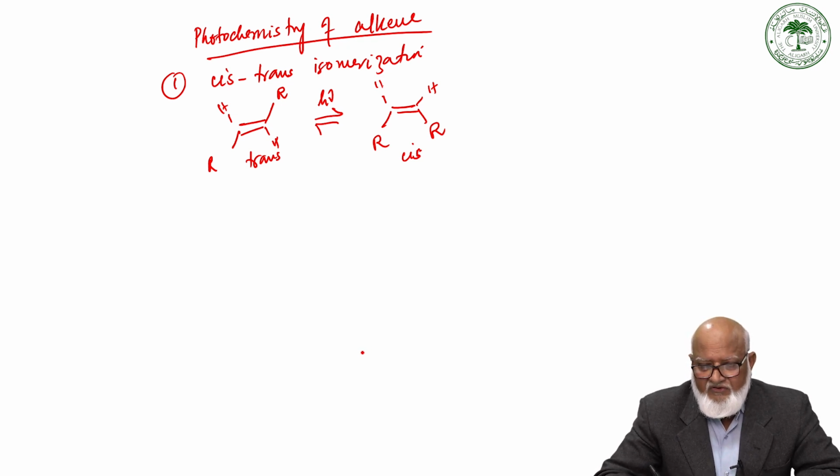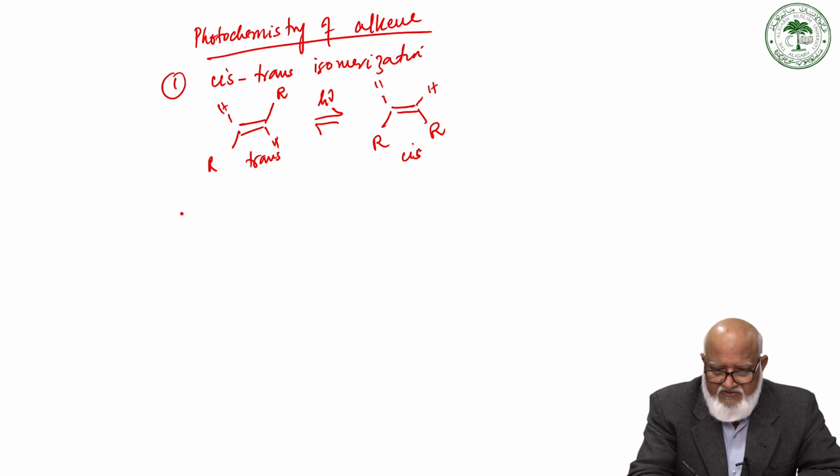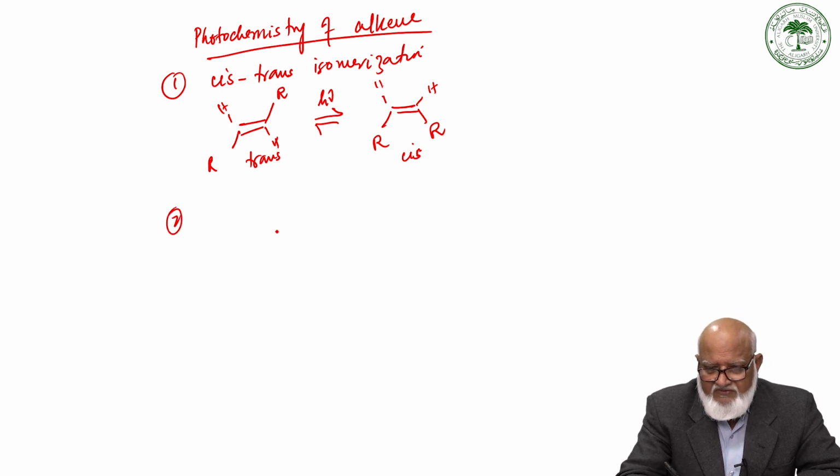non-adiabatic photochemical reaction. This is the second type, cis-trans isomerization followed by cyclization.